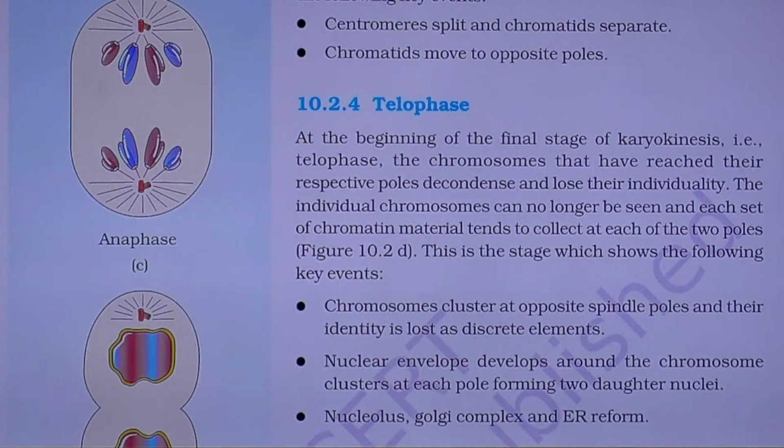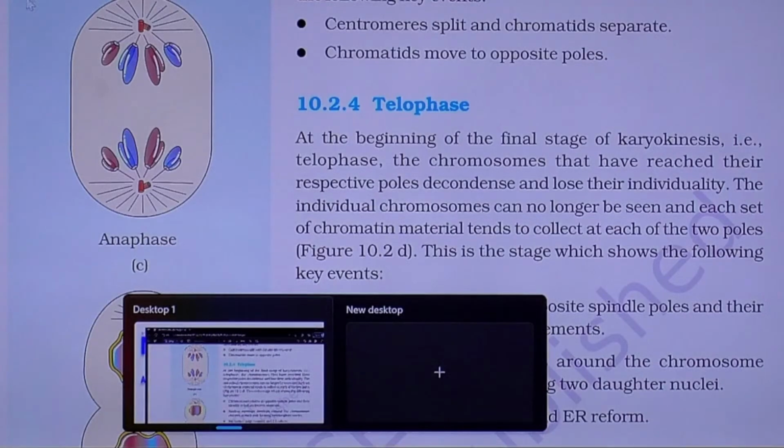What will be the structures? See here, the centromere and spindle fiber will be here. Surrounding the spindle fiber, aster rays will be present. In metaphase, the chromosomes are in the equatorial plate, in the middle. But in anaphase, the spindle fibers pull the chromosomes towards the opposite poles.